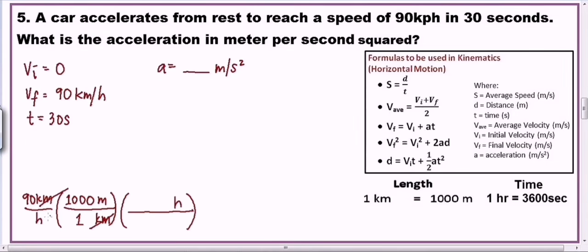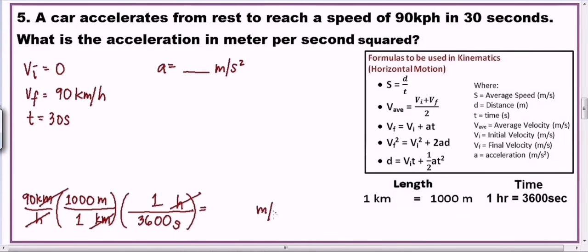'Di ba? Para makancel siyang ganyan. Hindi naman siya makakancel kung dito siya. Magiging R squared yan. So, para makancel si R, dito ko siya. Hindi dito ko si second, kasi yun yung gusto ko maging sagot. So, we have 1 R. Ito yung conversion. Is equivalent to 3,600 seconds. Ayan, cancel si R. So, ang mga matitira is meter per second.